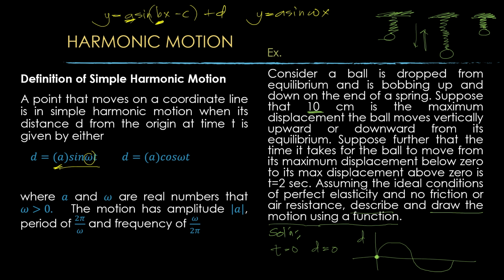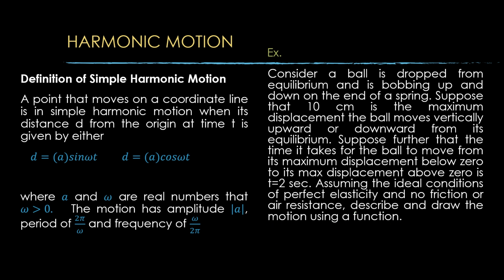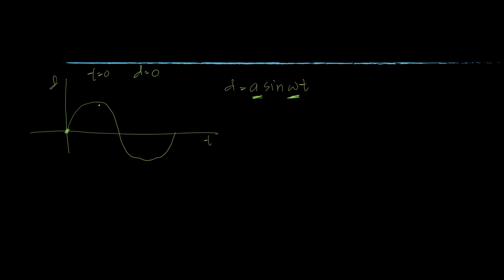Kaya maximum ito natin. Okay? So, kumbaga, at this point right here and this point right here, the value of D at this point is 10. Kumbaga, negative 10.